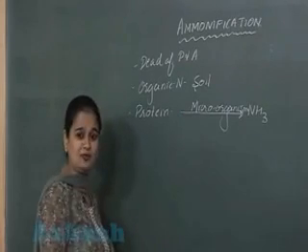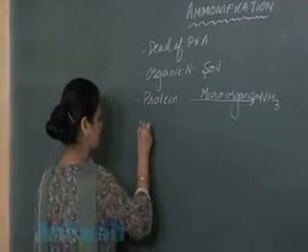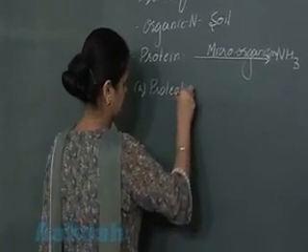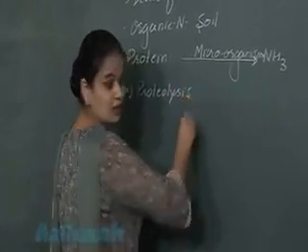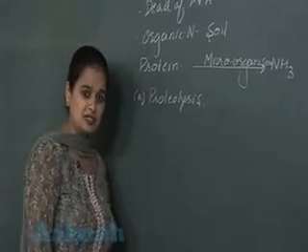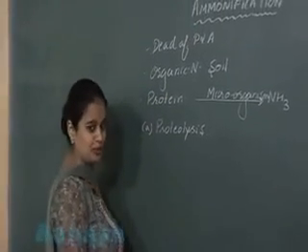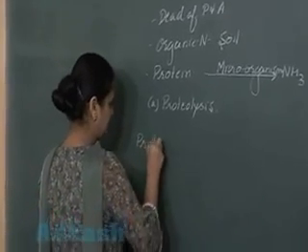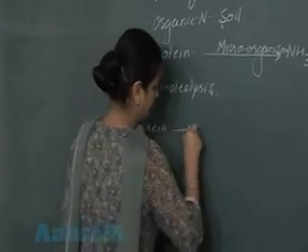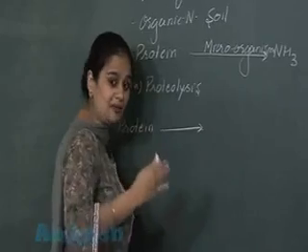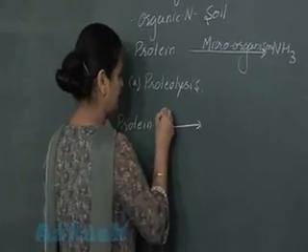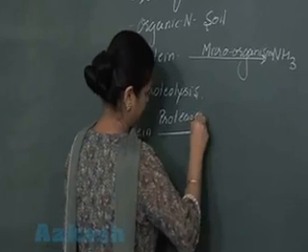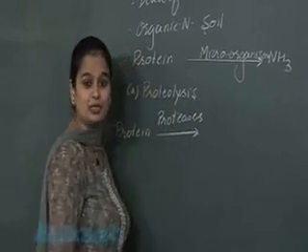Now this ammonification consists of 2 steps. The first one is proteolysis. Proteolysis, as the name suggests, involves the breakdown of protein. The protein is broken down with the help of enzymes, that is proteases.